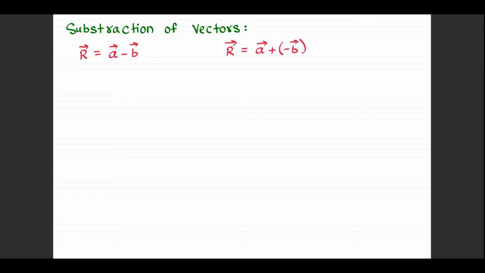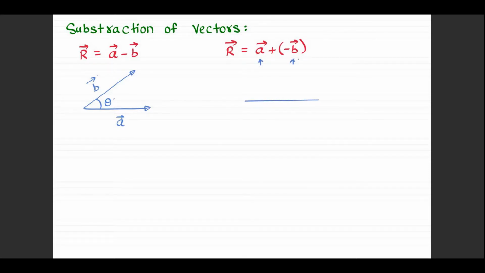So suppose the vectors are given like this. This is A vector, this is B vector, and this angle is theta, which is the angle between the vectors. But now I'm not looking for addition of A vector and B vector, but I'm looking for addition of A vector and minus B vector.